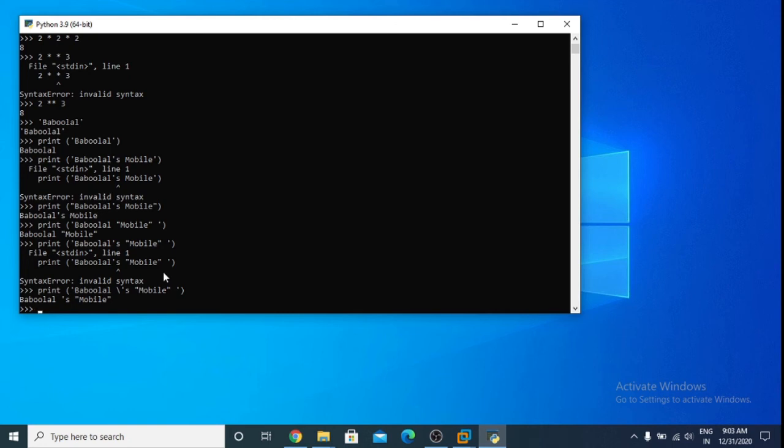So now I'm trying that type of value, like multiple type values which are printed multiple times. So I'm taking any name, like my name is Babulal plus Babulal.